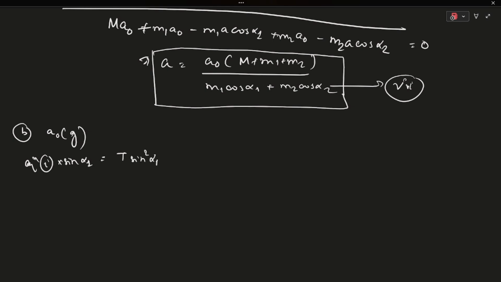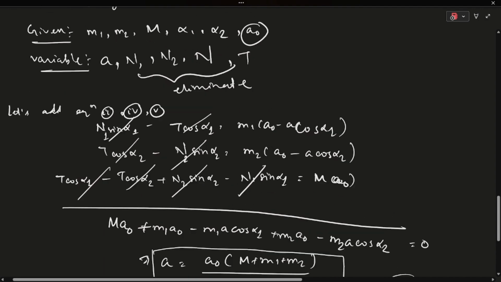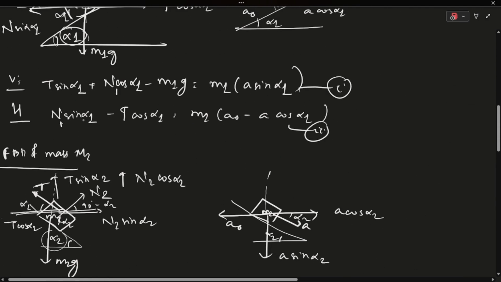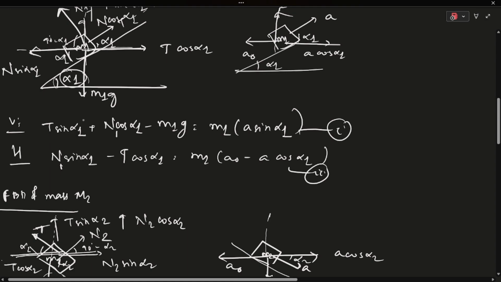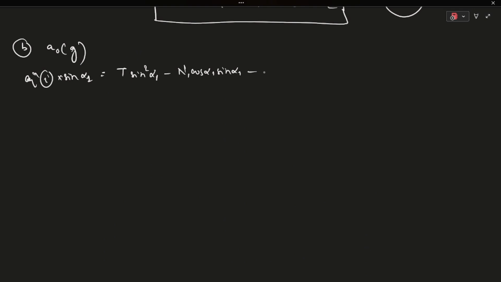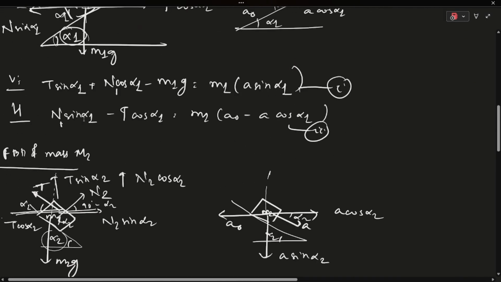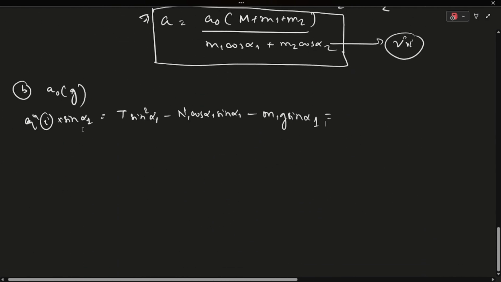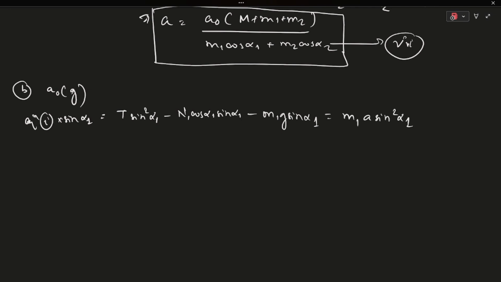T sin squared alpha 1 minus N1 cos alpha 1 sin alpha 1, minus m1 g sin alpha 1, equals m1 a sin squared alpha 1.